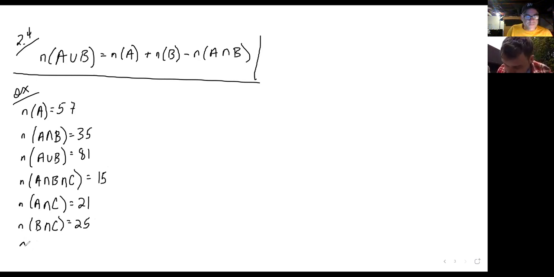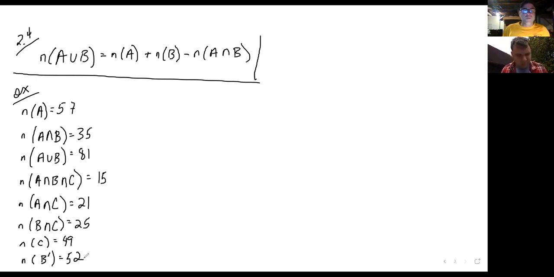Cardinality of C is going to be 49. And the cardinality of B complement is going to be 52. Double check on the numbers. I think we're all good.